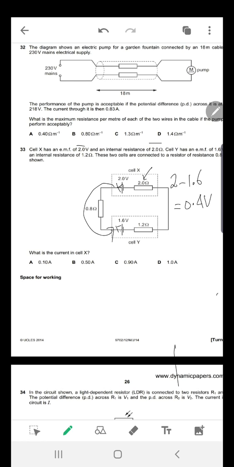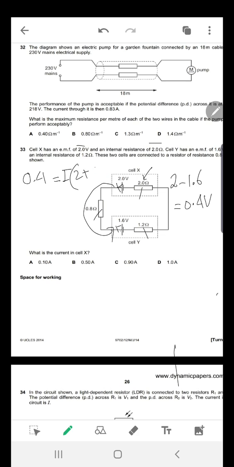Anyway, using Kirchhoff's second law, what is Kirchhoff's second law? The total EMF in the loop is equal to the sum of potential differences. So basically your 0.4 volts should equal I times the resistances, which are 2, 0.8, and 1.2.